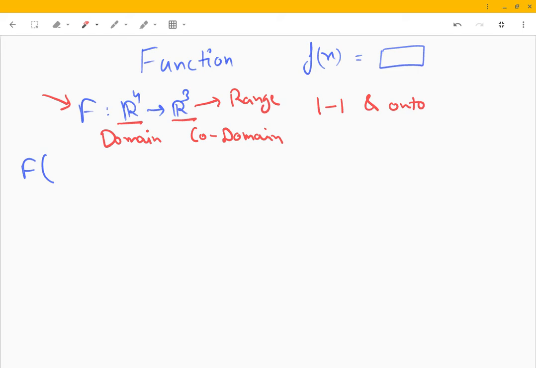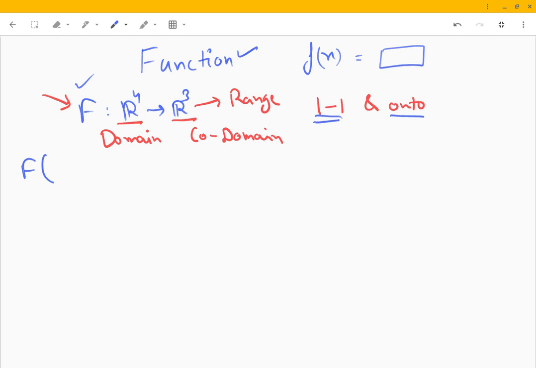I'll explain later what this means. But the codomain is not necessarily the range. Like a function, a linear transformation can also be many-one and not onto. So this property is true for a linear transformation also.